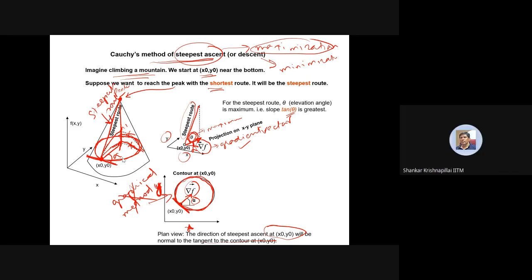Okay, so this is the graphical method which nobody uses in practice. This is del F, this is the y-axis, this is the x-axis. In mathematical notation, y is called j and x is called i. So you can find this distance, delta y. This delta y or b is found to be equal to partial f by partial y at x0, y0.